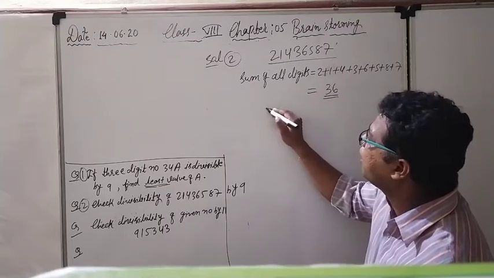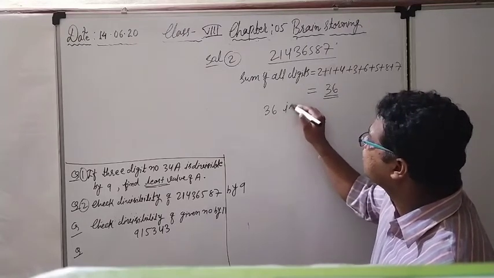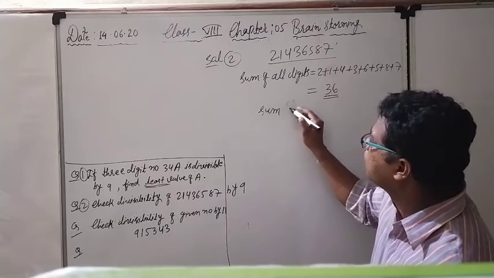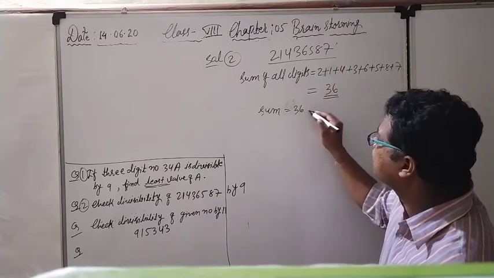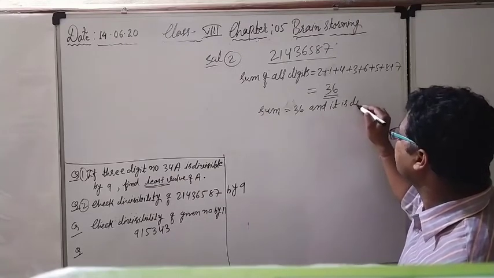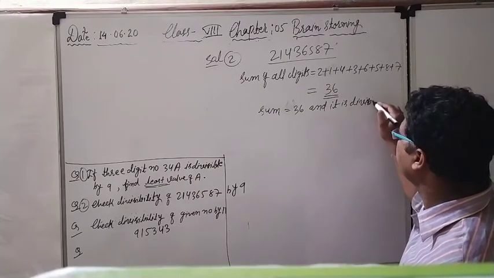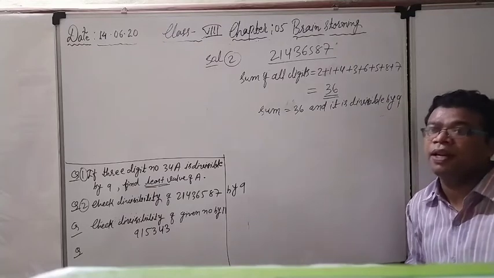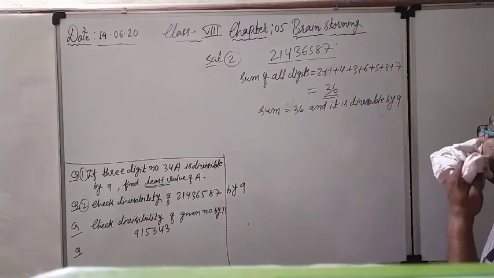Is this 36 divisible by 9? Yes. Sum is equal to 36 and it is divisible by 9. What is the sum that I am getting right now? 36, and it is divisible by 9.